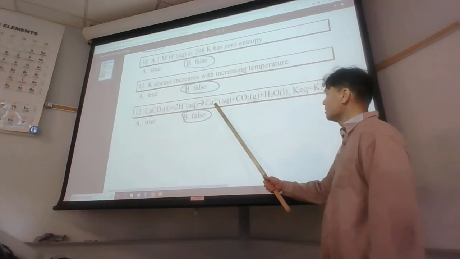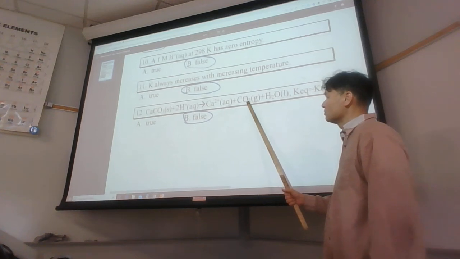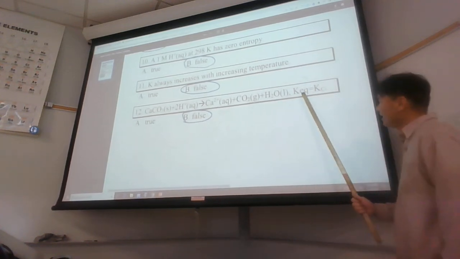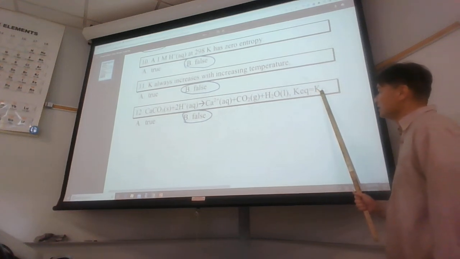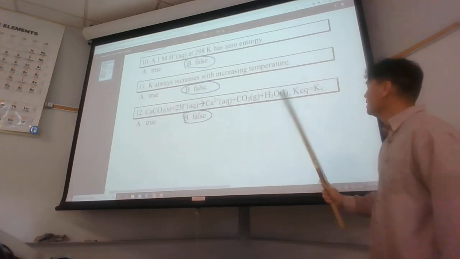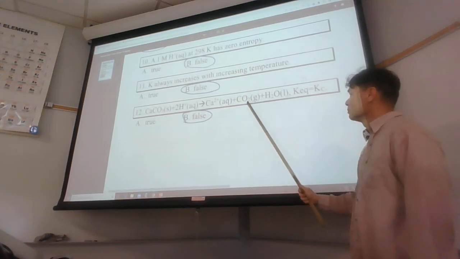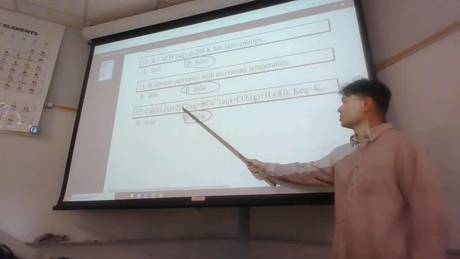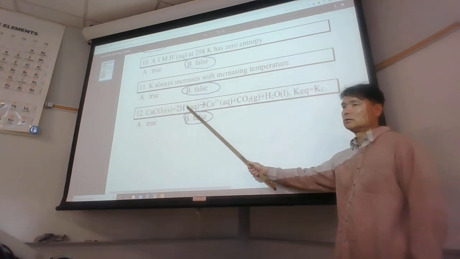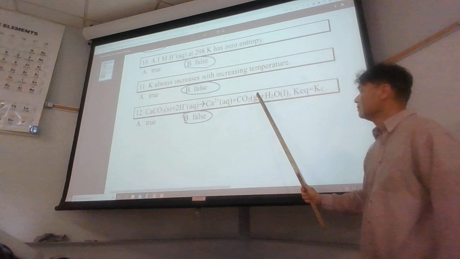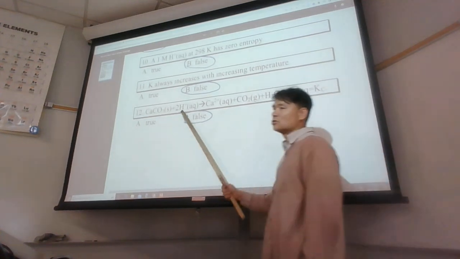Kc would be concentrations for aqueous and concentrations for gas. And so Keq is not equal to Kc in this case, because Keq would equal the concentration of calcium times the partial pressure of CO2 divided by the concentration of H plus squared. Whereas Kc would be the concentration of this number, the concentration of that divided by the concentration of this squared.